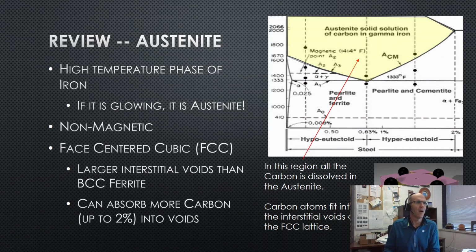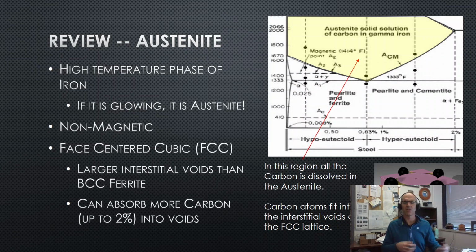Okay, so austenite right up here is our high temperature phase of the iron. And if it's glowing, it's austenite is a pretty good rule to think about with your steel. It should also be non-magnetic because our magnetic transition point is right in here. And by the time you get it glowing, you've transitioned from the body-centered cubic structure into the face-centered cubic structure.